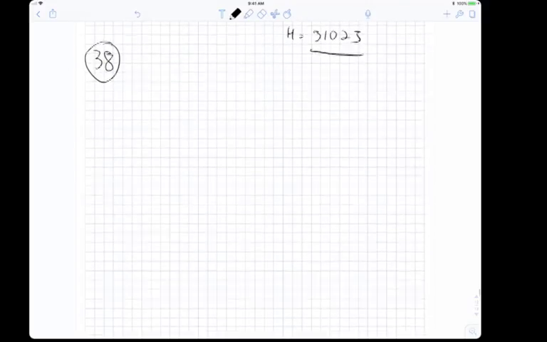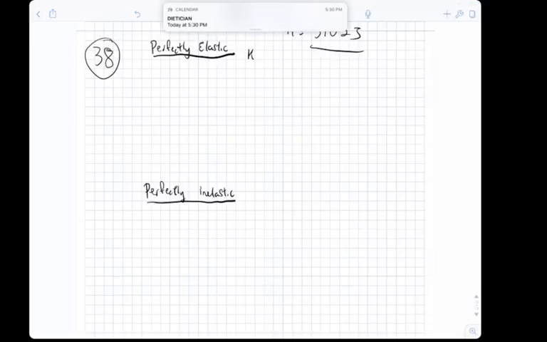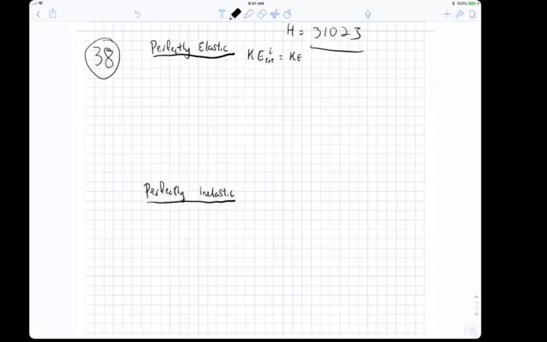So before we go on, I need to define some terms. We'll talk about these terms next class a little bit. Okay. In a perfectly elastic collision, the total initial kinetic energy is the same as the total kinetic energy at the end.